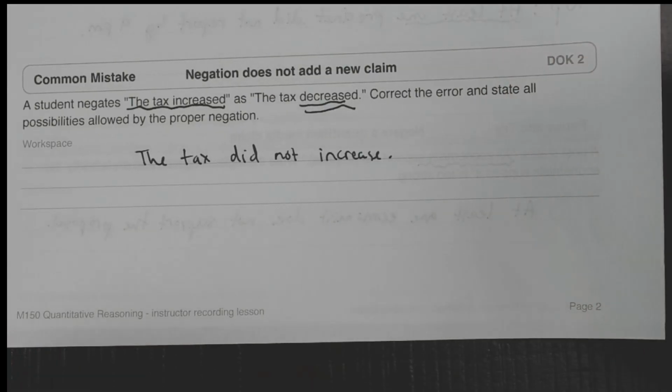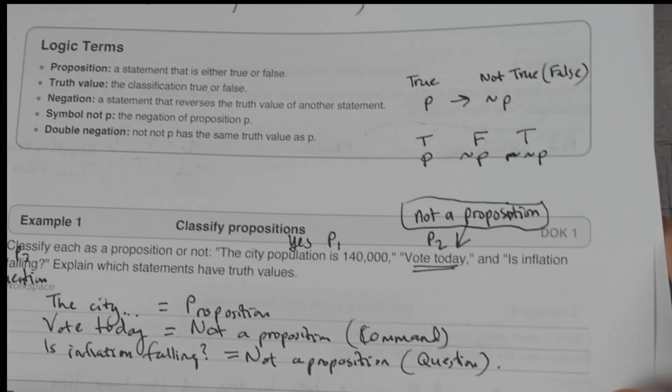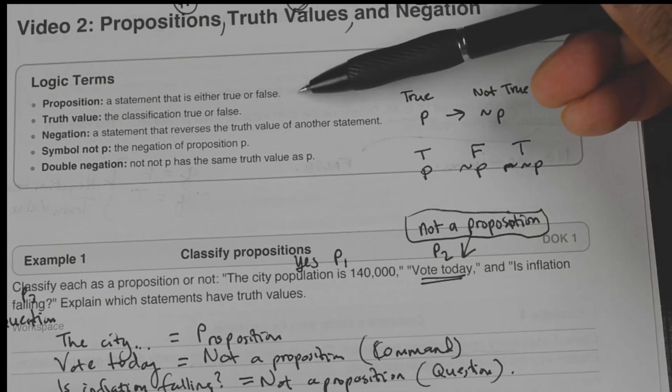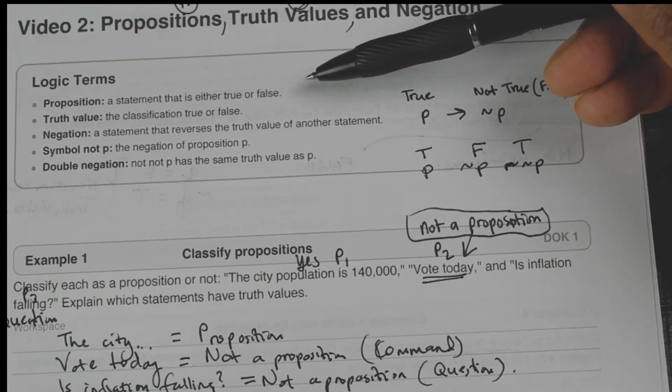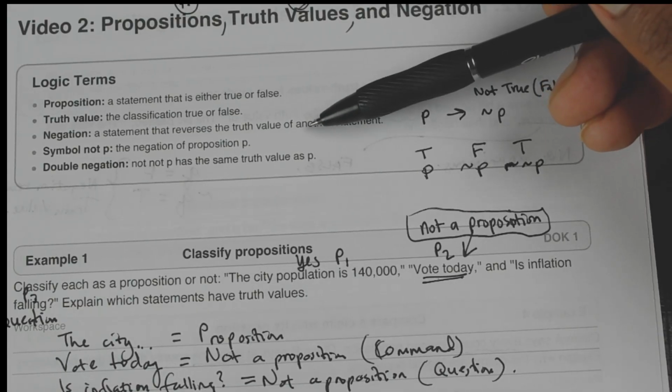Okay. So in closing, this completes video 2. Your major ideas are: a proposition has a truth value, true or false. A negation reverses the truth value.